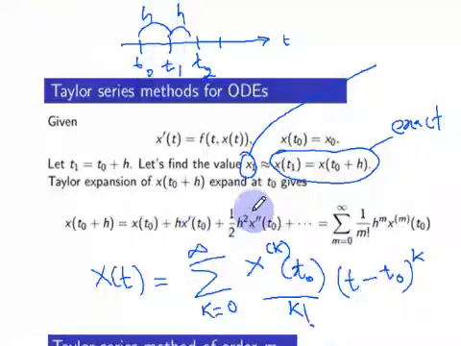The second term is h squared times the second derivative evaluated at t0 divided by factorial 2.